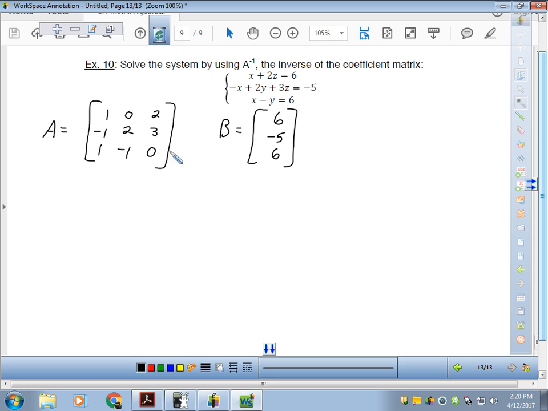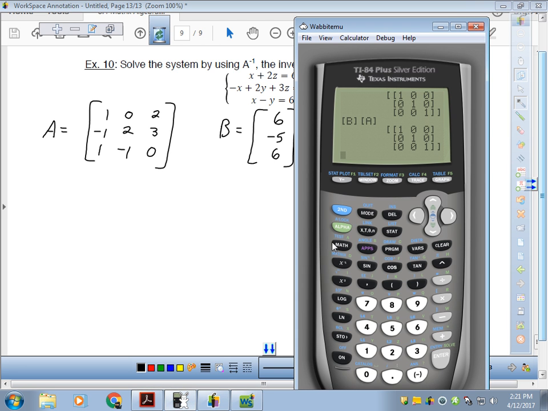So now what I'm going to do is I want to find A inverse. Okay, so I'm going to go to my calculator. I'm going to program this A matrix in and this B matrix in really quick. So I'm going to go over to edit. For my A matrix, it's a 3 by 3, so I'm going to leave that alone.